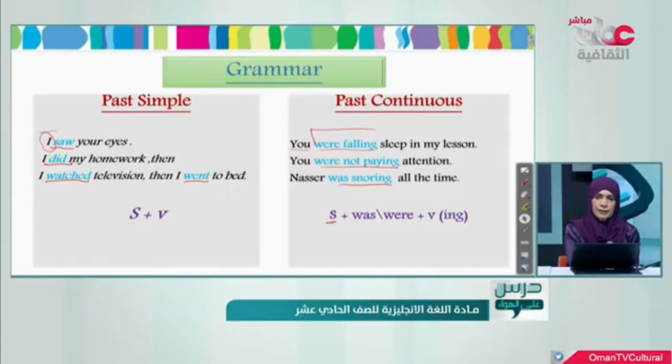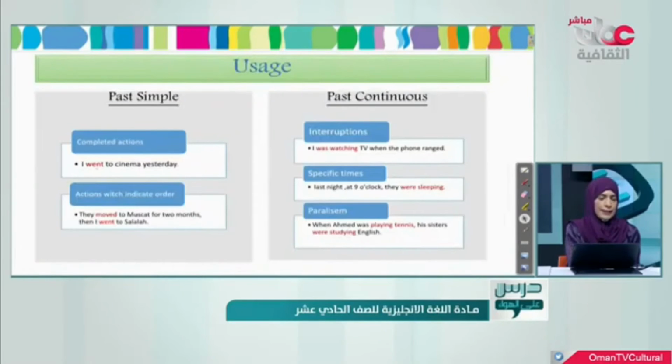Here I have a series of different verbs, did, watched, went, which indicate order. And I have the same thing in this sentence. They moved to Muscat, then I went to Salalah. It means that the two actions are following each other.